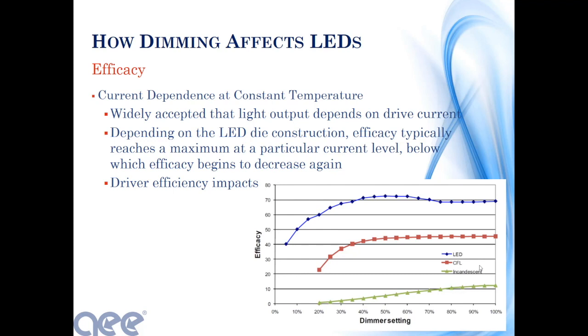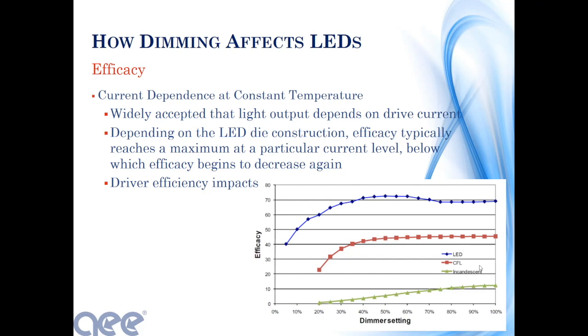It just depends on how a manufacturer actually makes their product. So it's widely accepted that the light output depends on the drive current. The same LED you put 350 milliamps to will be a lower brightness than if you put 700 milliamps to, right? And I'm not saying it's linear.